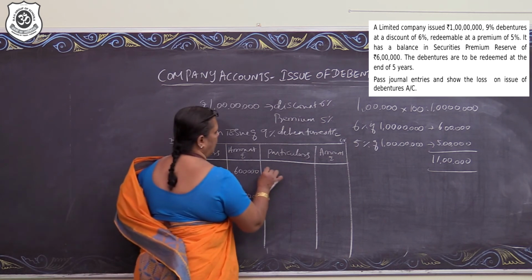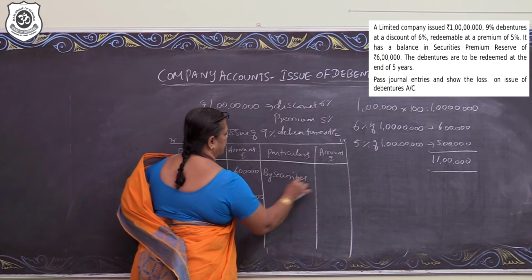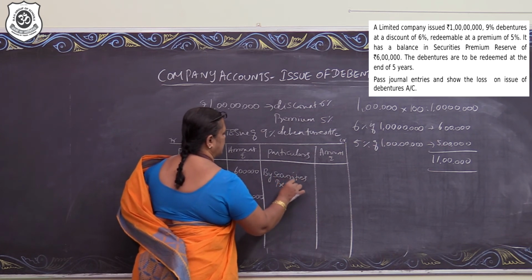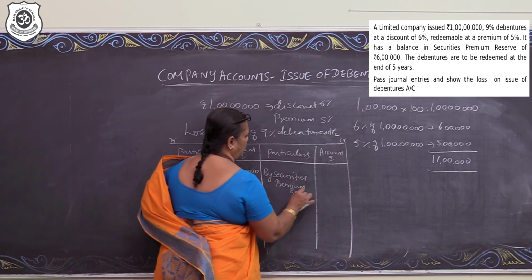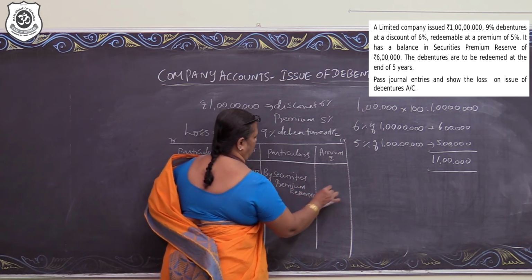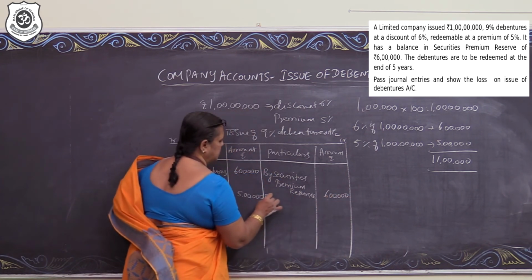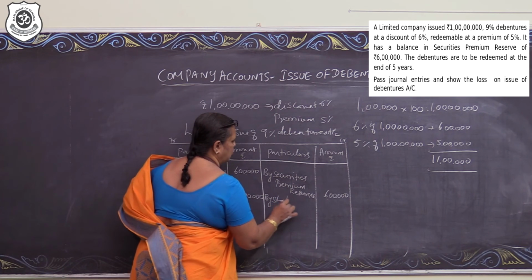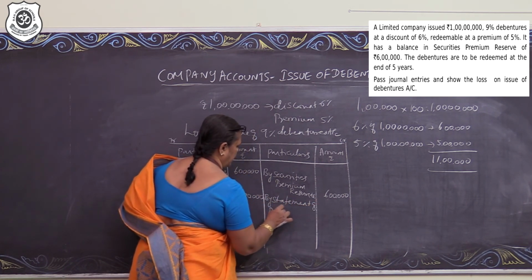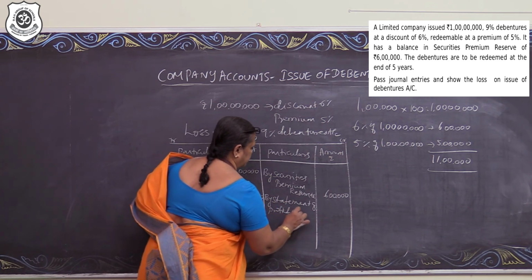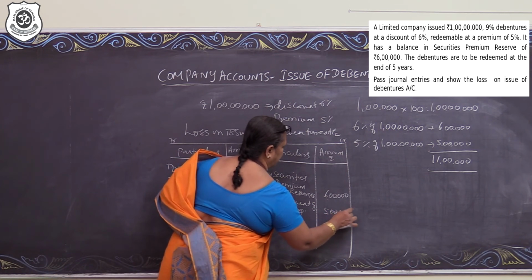Now we have in securities premium reserve 6 lakh rupees. So to say by securities premium reserve account 6 lakh rupees, the balance will be written off to statement of profit and loss, which will be 5 lakh.